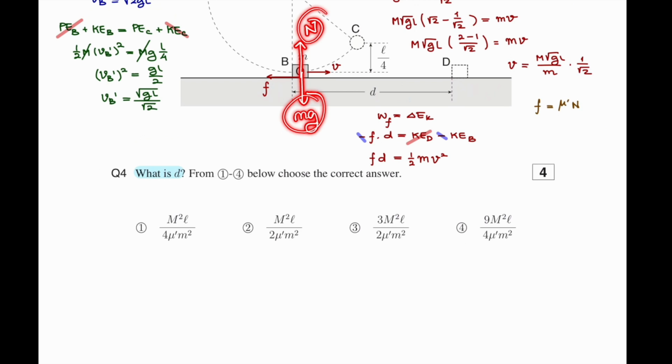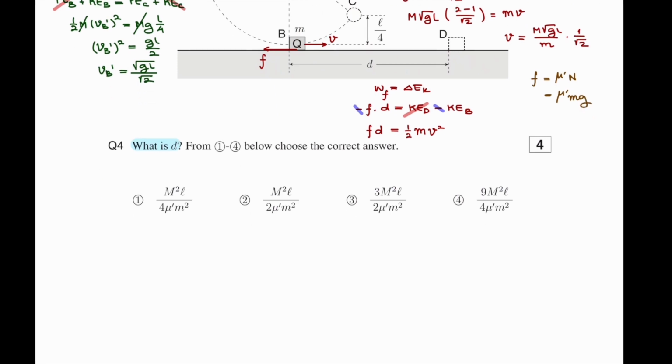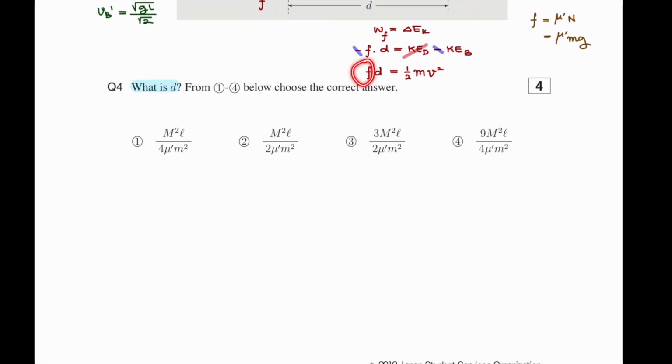So the normal contact force must equal mg in this case. By substituting F by mu prime mg times D is equals to half m v square.